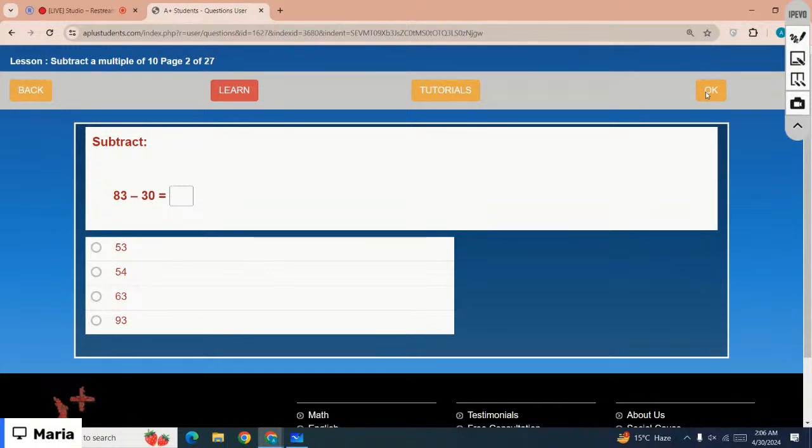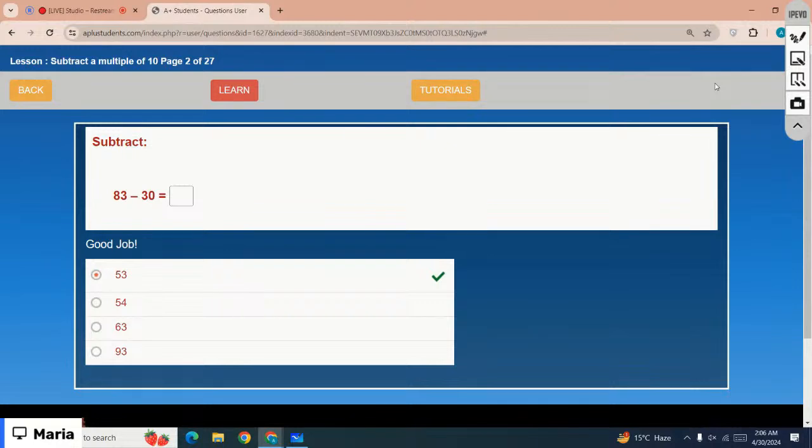The correct option is 53. Option number 1 is the correct option. 83 minus 30 equals 53.